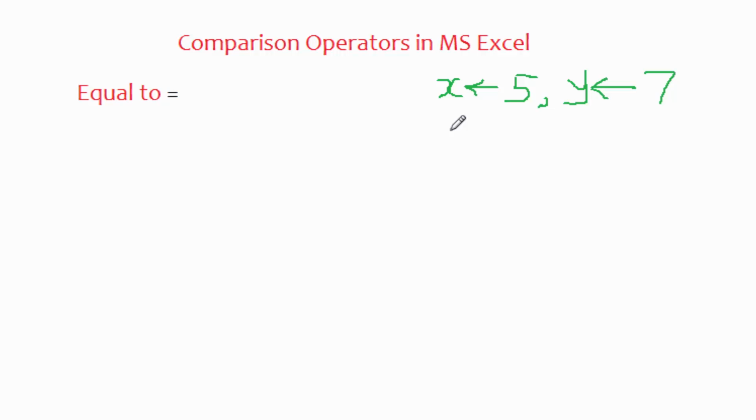In that case, I can do a test, what we call a logical test if you like, to check if x is equal to y. And this test will give two results, either a true answer or a false answer.